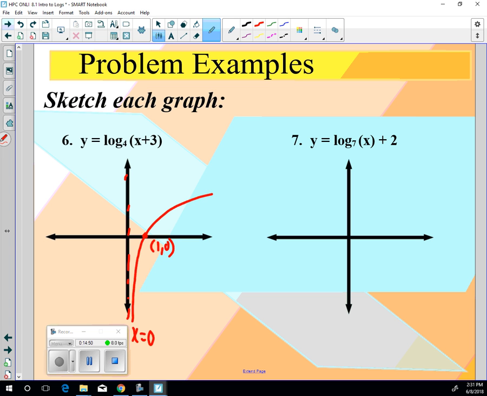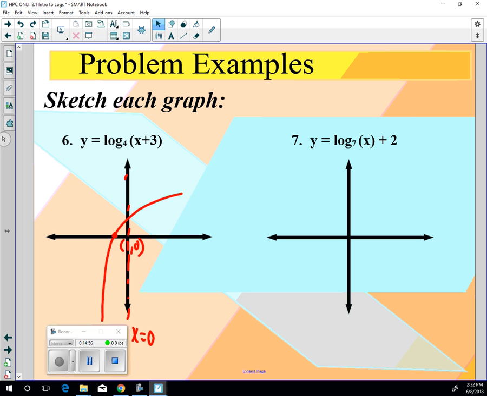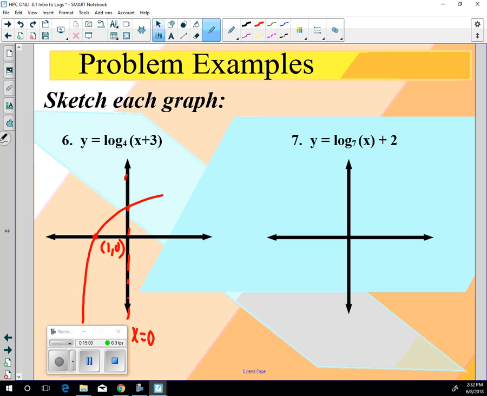Now, if we shift everything to the left 3, 1, 2, 3, now we're going to be sitting at -2, 0. Have an asymptote here at x equal to -3. And there it is. There's your graph.